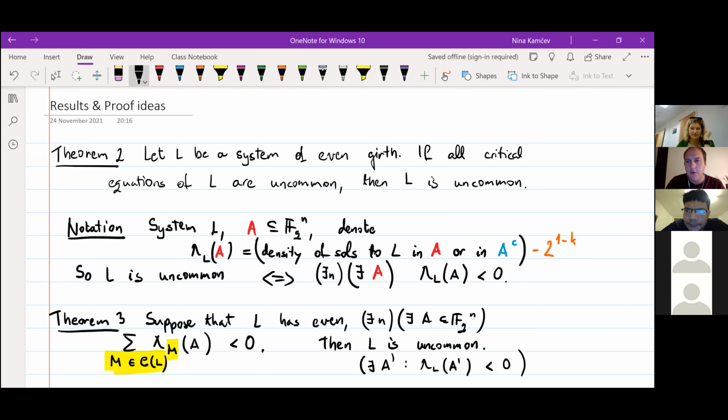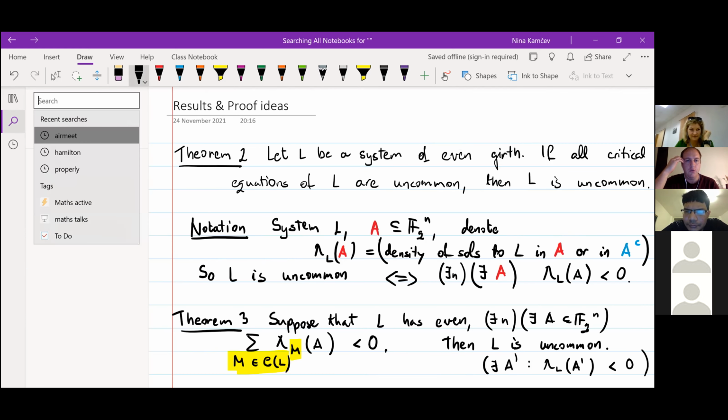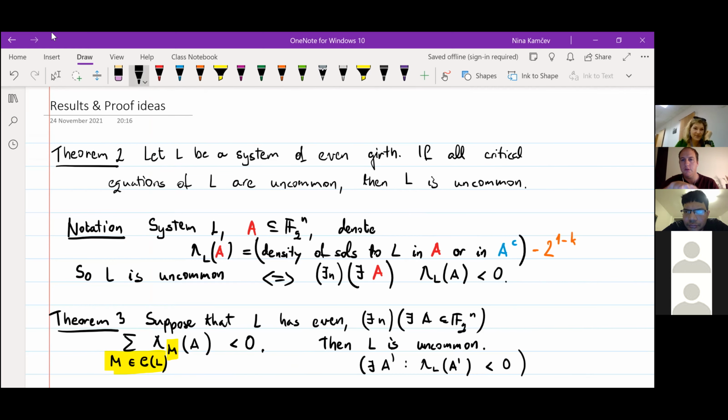Can I briefly ask a question? Yeah. Is the main difference between theorem 2 and theorem 3 that the certificate for the uncommonness of the critical equations has to be the same for all in theorem 3, whereas in theorem 2 it could be different witnesses? Yes, exactly.